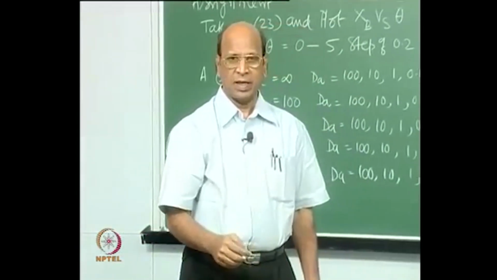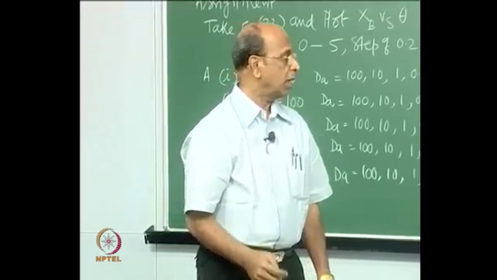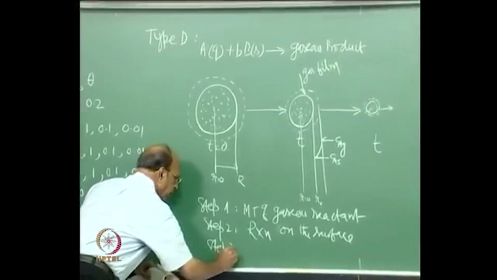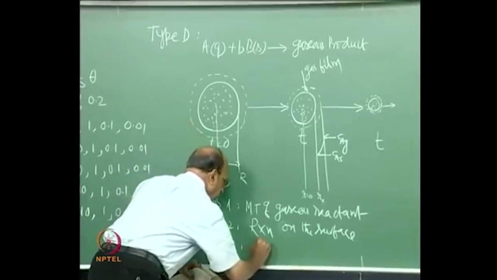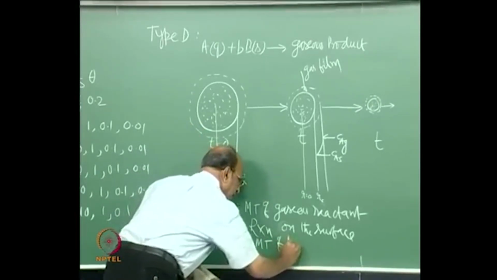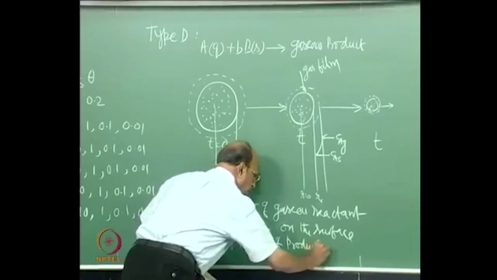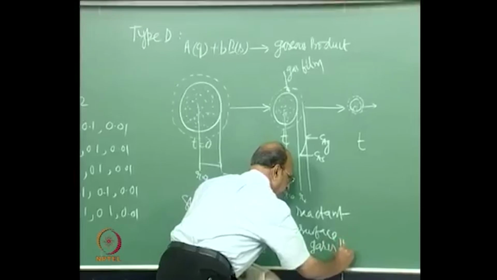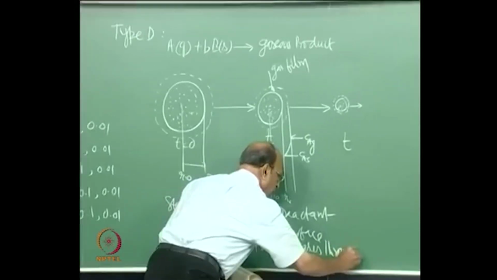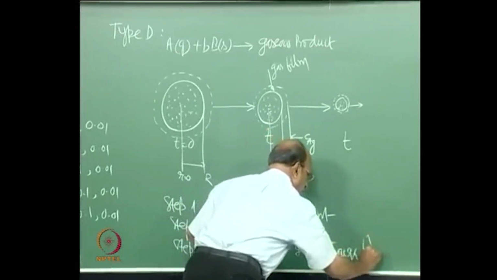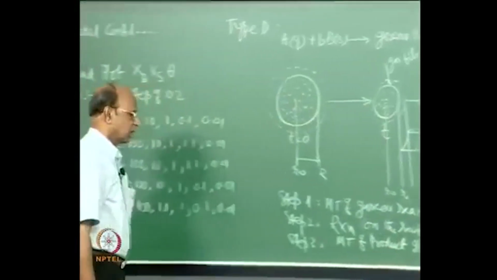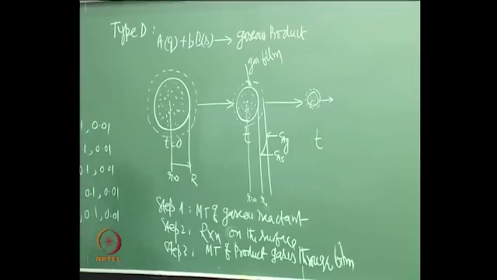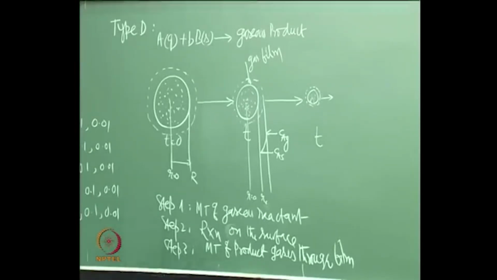Yes, they have to, but we do not take that one. Step 3 would be MT of product gases through the film. But it does not matter for us, because it is not a reversible reaction.